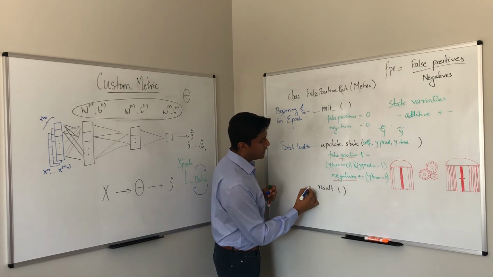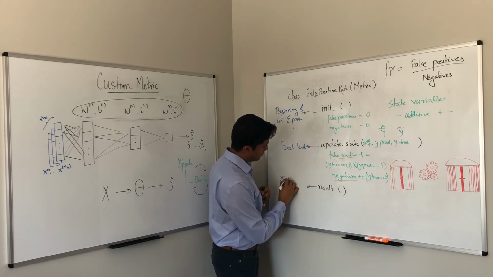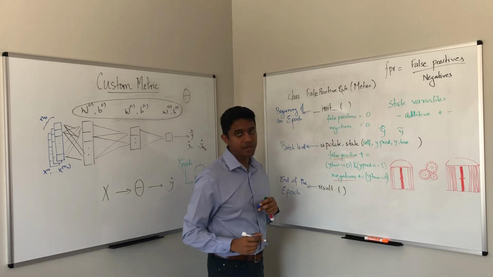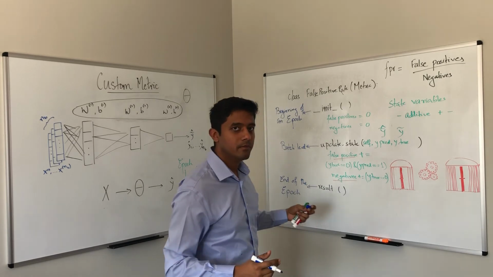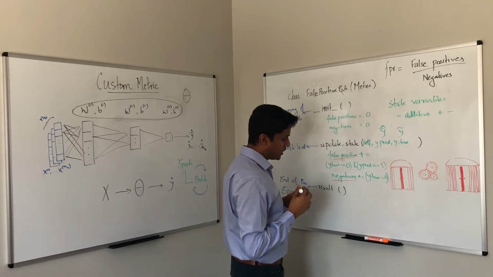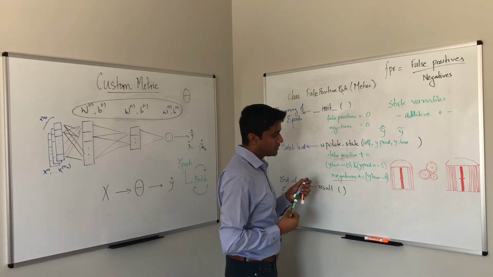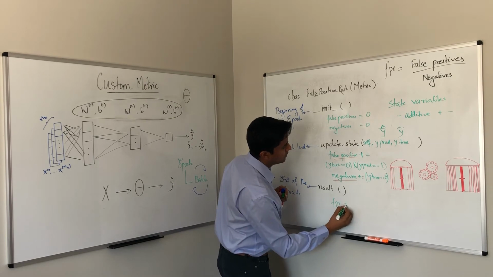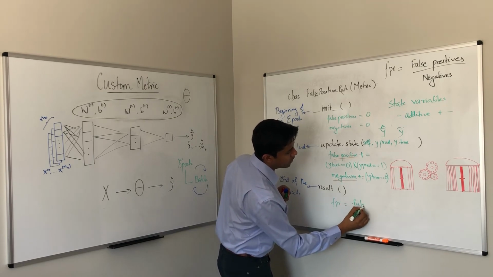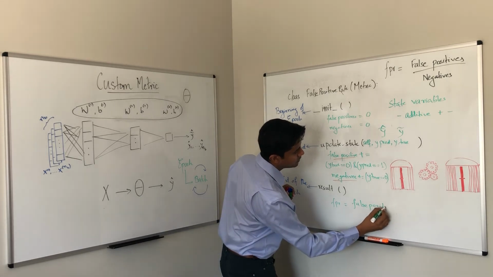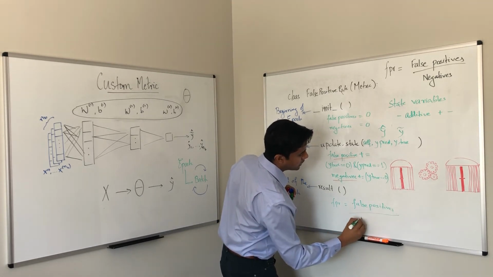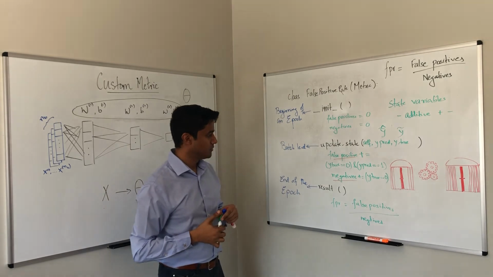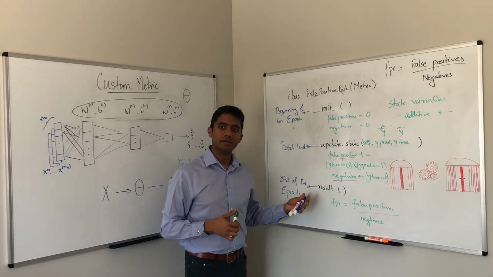And at the end of the epoch, we come to the result function, the result definition, and here what we do is we get the final output, which is simply a division of what we found here, false positives over negatives. This gives me the output I was looking for.